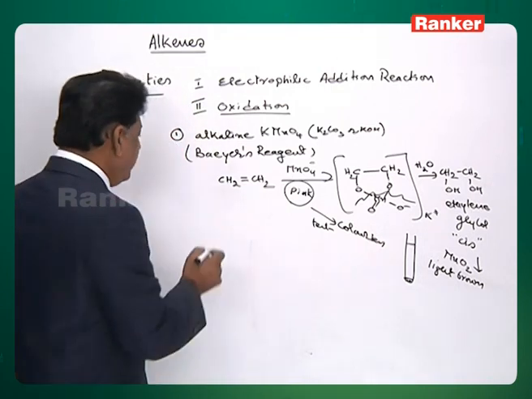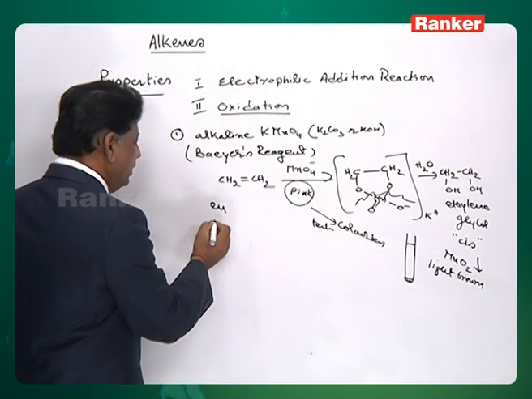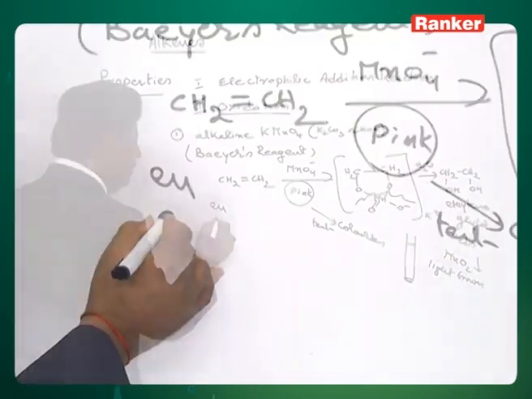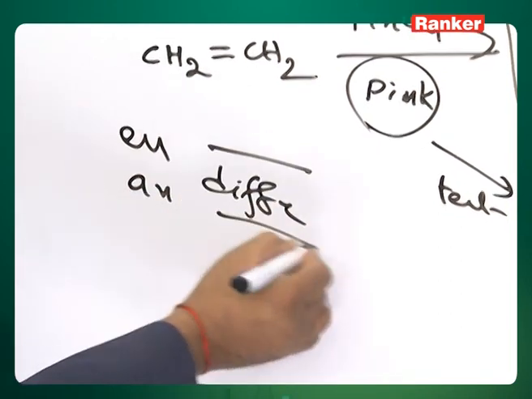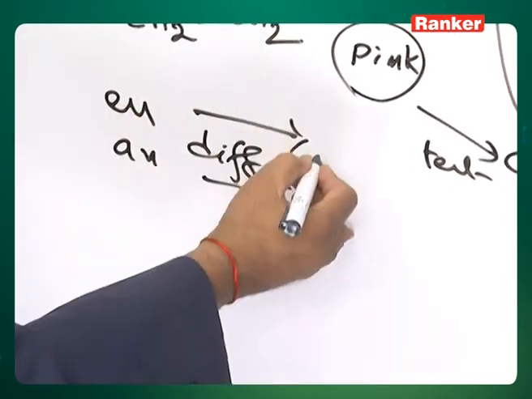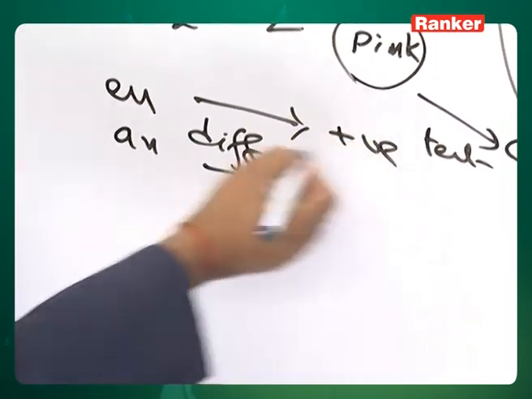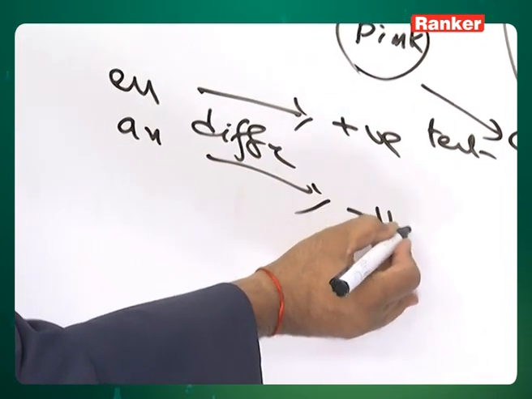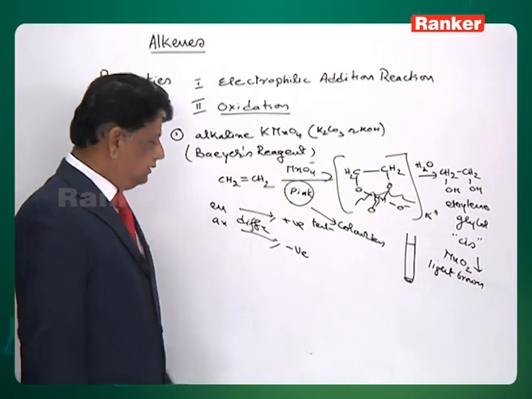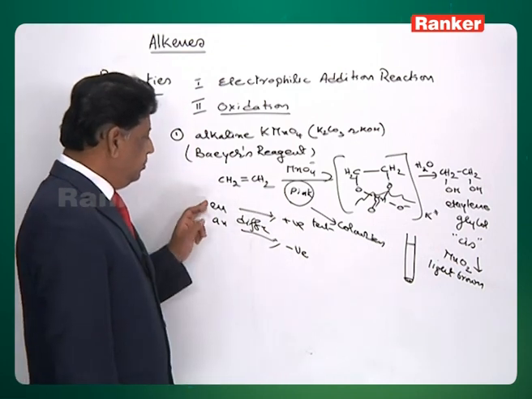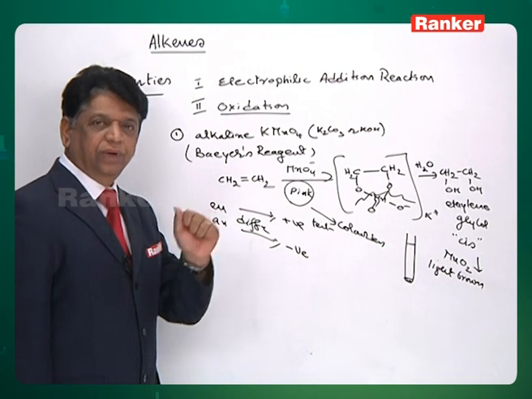If an ene and an ane are there, how do you differentiate? If the question comes, for both you add the same reagent. In the case of ene, positive reaction; in the case of ane, negative reaction. Negative means no reaction: the pink color remains as such. If the pink color changes, that is a positive reaction.